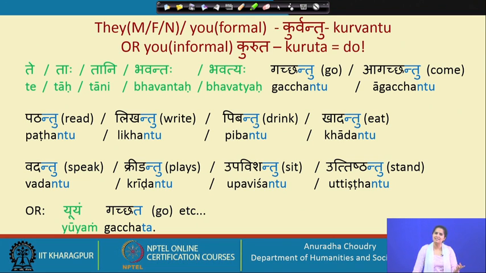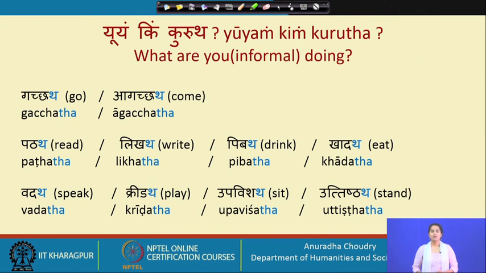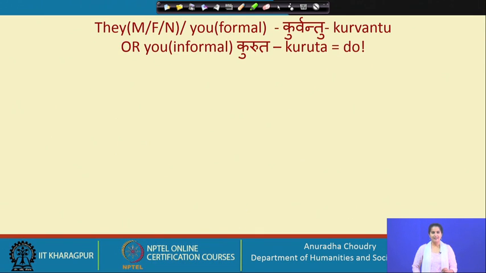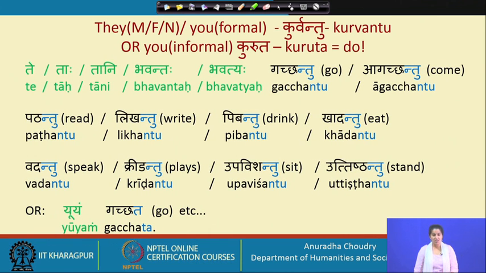And you remember what we had seen in the present tense of the yuyam form. Do you recollect? It was yuyam gachatha. I'll just show it to you quickly on the screen. When you say yuyam gachatha with an aspirated sound, it means you plural are going, or you go, because there is no difference between the simple present tense and the present continuous.